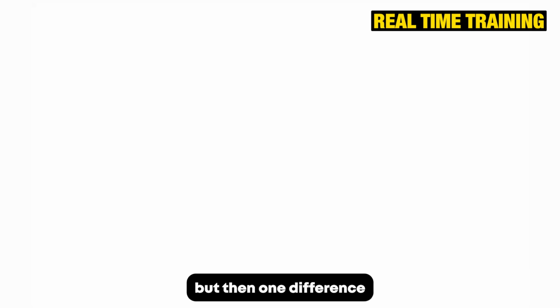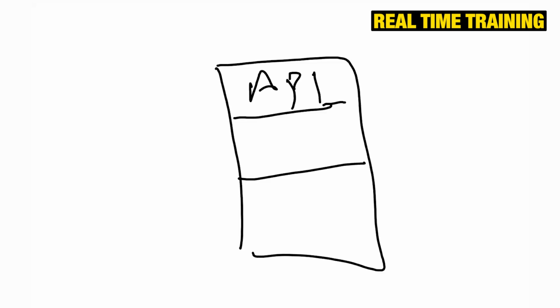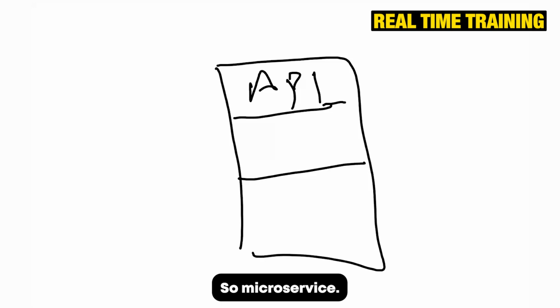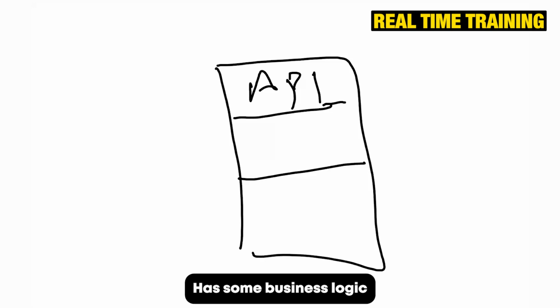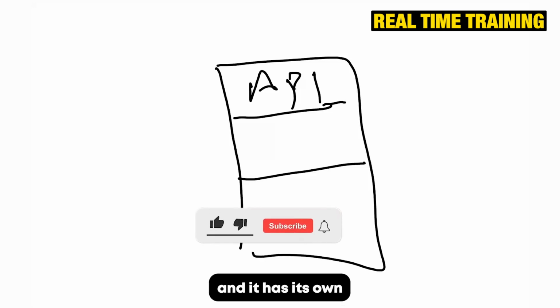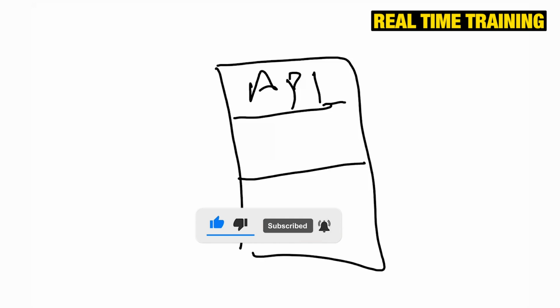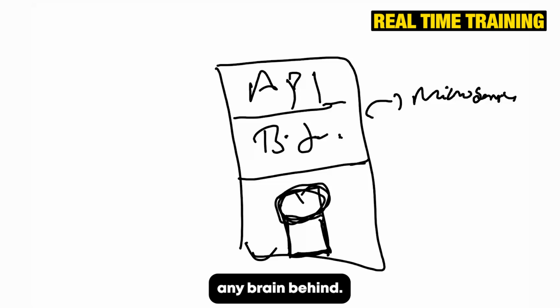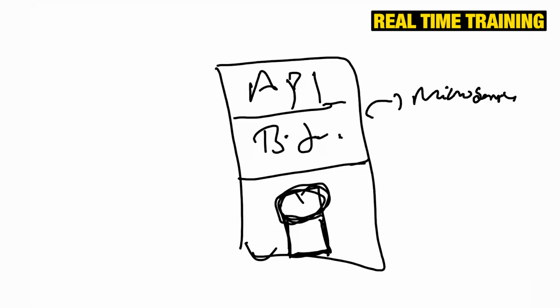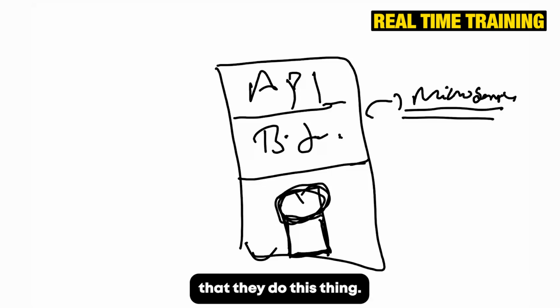But one difference is that a microservice has some business logic built into it, and it has its own database. It's not the case for a web service, they don't have any brain behind. But the activities that they do are the same.